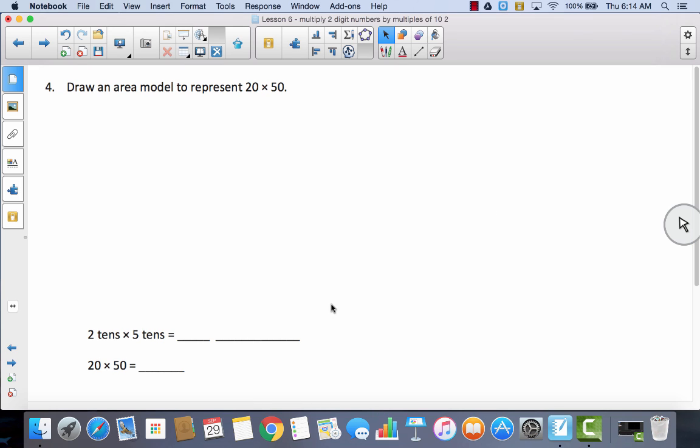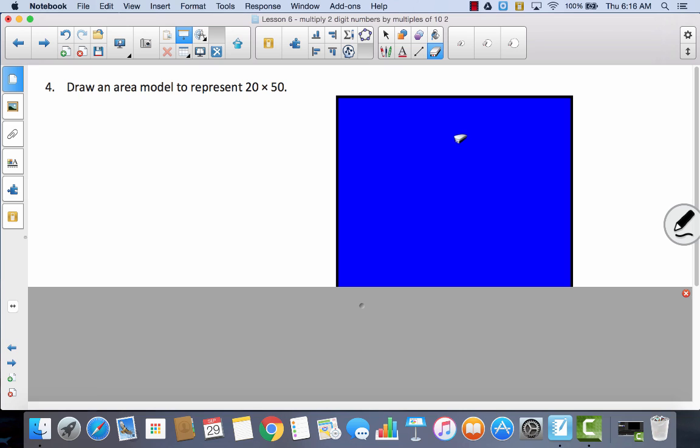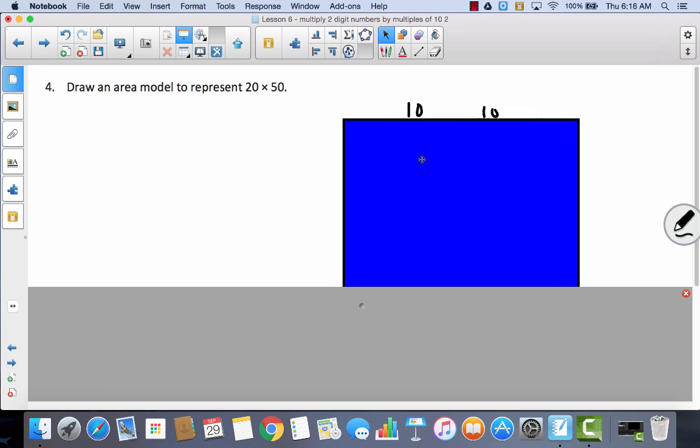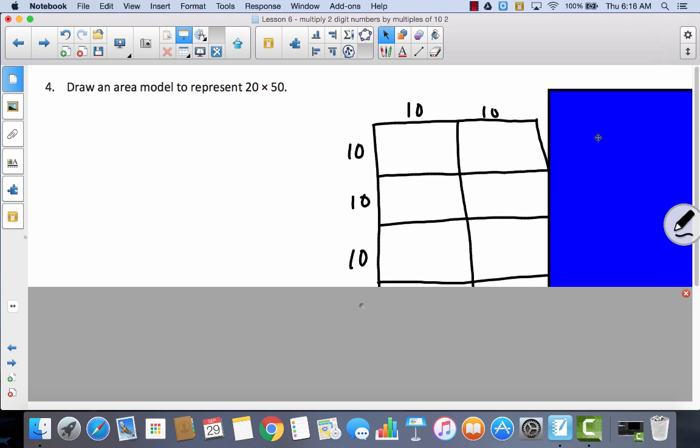Okay, let's take a look at number 4. I'd like for you to try to do number 4 all by yourself, and then let's come back and check this one together too. When I got ready to draw my area model to represent 20 times 50, I thought to myself that 20 was equal to 10 plus 10, and 50 was 5 tens. So whenever I drew my area model, that's the way that I drew it.